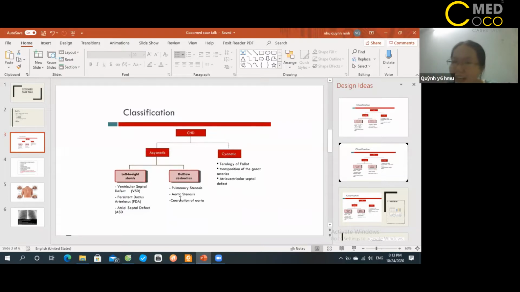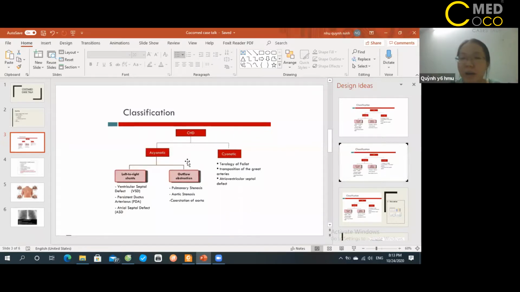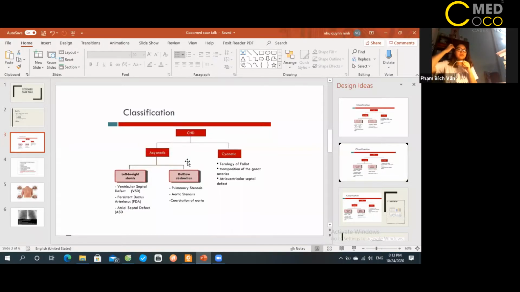Do you know what acyanotic is? Can you say something about acyanotic types of heart defect? Well, acyanotic, in a simple way again.